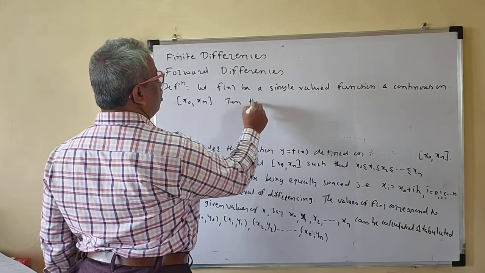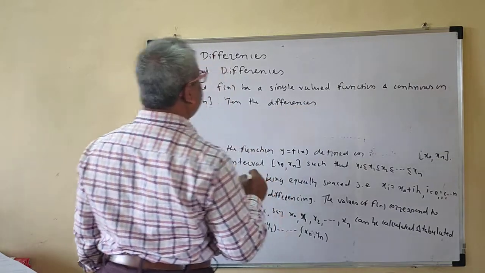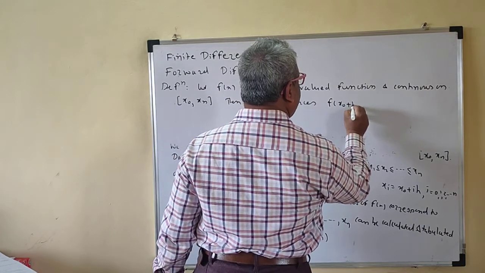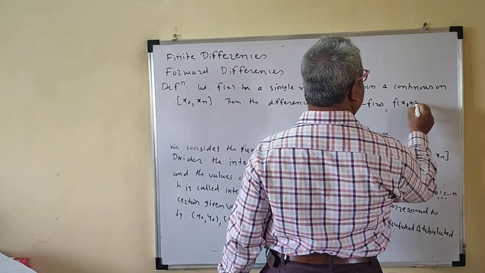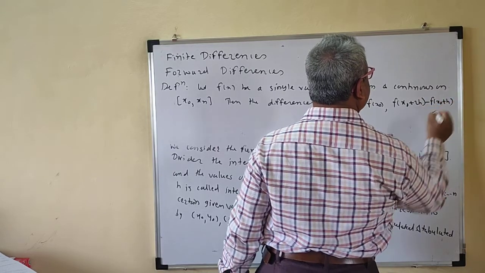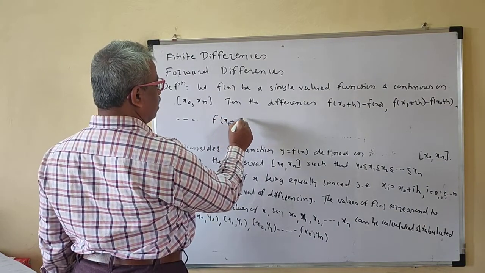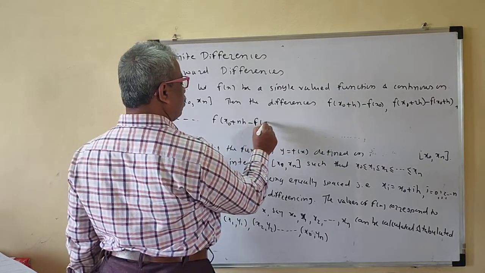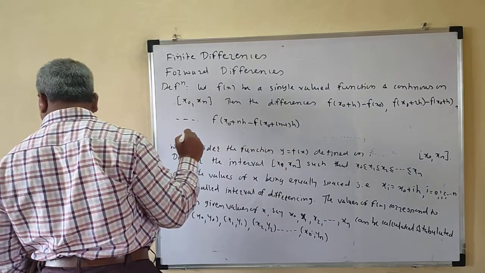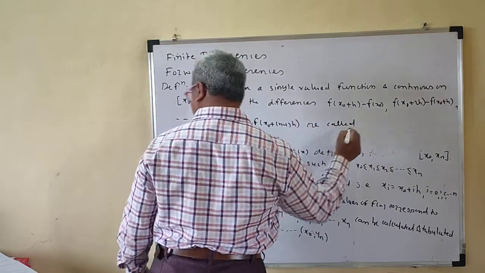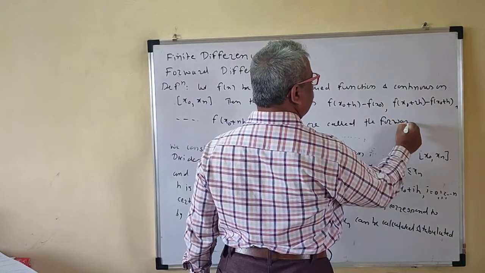Then the differences f of x naught plus h minus f of x naught, f of x naught plus twice h minus f of x naught plus h, and so on, up to f of x naught plus nh minus f of x naught plus n minus 1 times h, are called the forward differences.